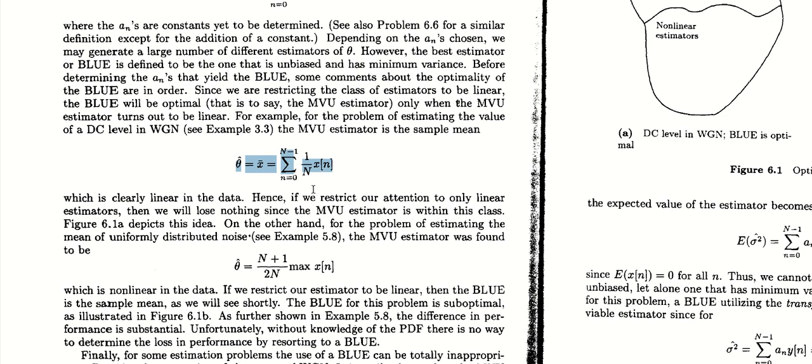Then let's take another example. If we restrict our attention to only linear estimators, then we lose nothing here because the MVU estimator is within this class.